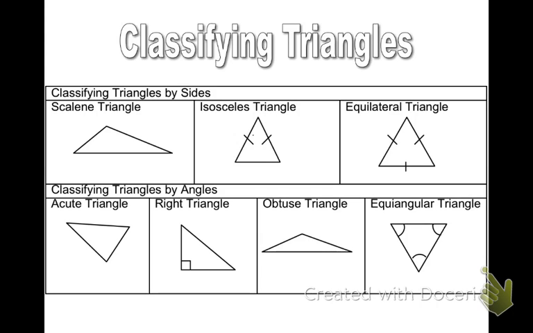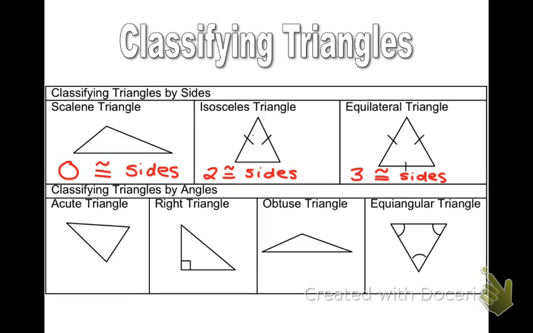So maybe just down here in the blank space, you want to put 0 congruent sides. An isosceles triangle has 2 congruent sides. An equilateral is 3 congruent sides.